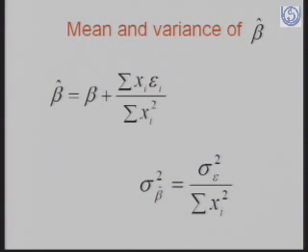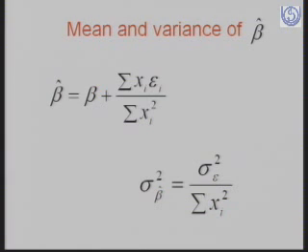Similarly, the variance of beta cap is given by sigma epsilon square divided by summation xi square. Sigma epsilon square is the variance of the error term that we have assumed. We have assumed that it is sigma square, or you can call it sigma epsilon square; I put the subscript here to avoid confusion.